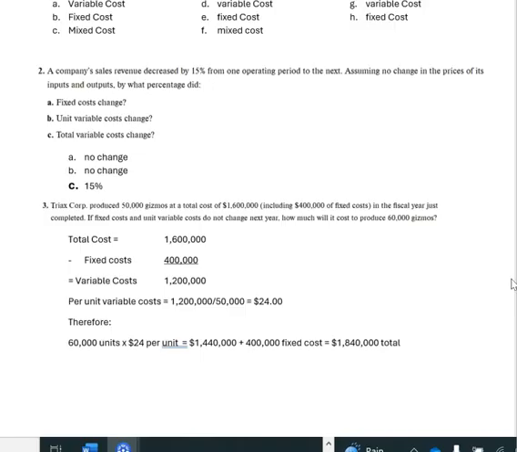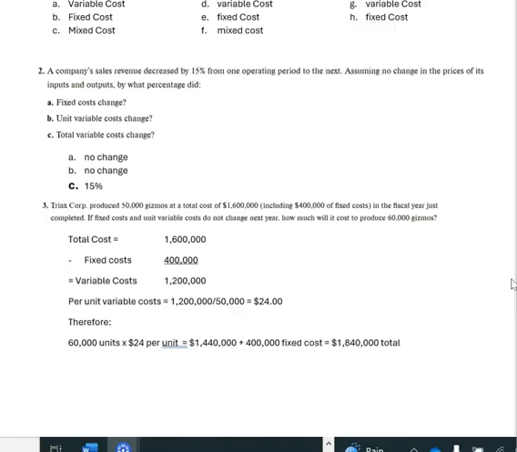Assuming no change in the prices of its inputs, so the variable costs associated with the production, or its output, that would indicate that the selling price per unit has not changed. So by what percentage did fixed costs change? It's saying that none of the inputs or the expenses for the company changed, so there would be no change.